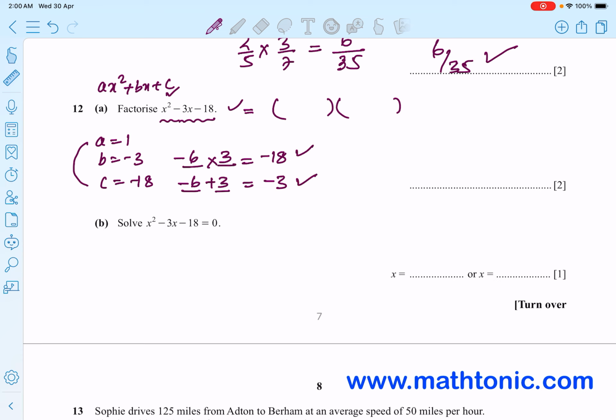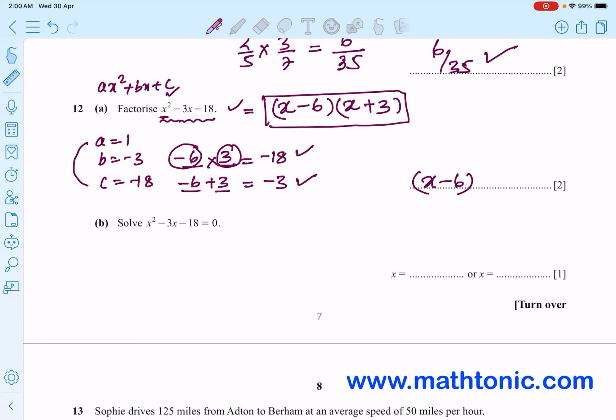So yes, we got these two numbers, minus 6 and positive 3, right? As the first term is x squared, the first term of the two factors should be x, and the two numbers could be minus 6 and plus 3. This is how we can find the factors. Did you understand, everyone? Yes, so this will be the answer: x minus 6 times x plus 3.